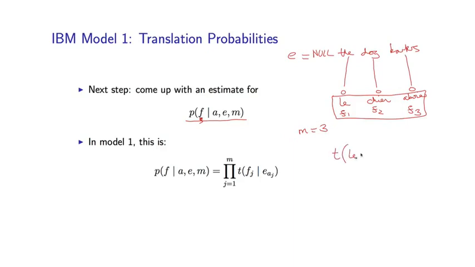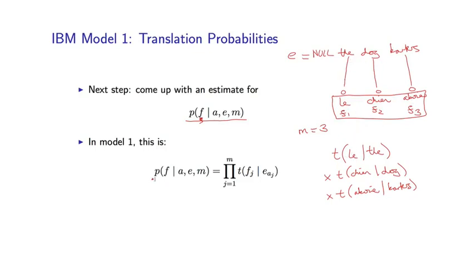We'll have T of le given the, and intuitively this is a parameter corresponding to the conditional probability of seeing the French word le given that we're aligned to the English word the. It's the probability of this English word the emitting the French word le as its translation. The second term is T of the second word given dog, and then we have a final translation of this third word given barks. So one T parameter for each of the French words, where we condition the identity of the French word on the English word that we're aligned to.